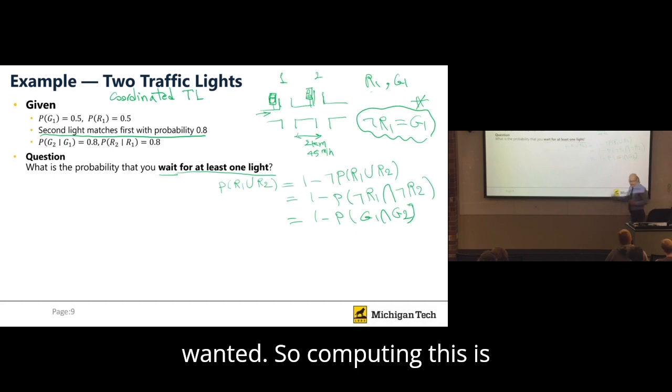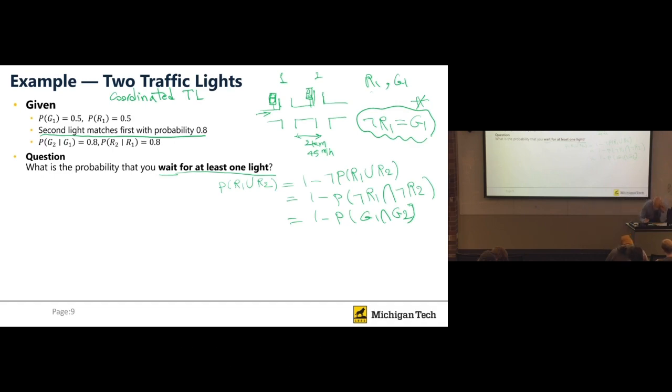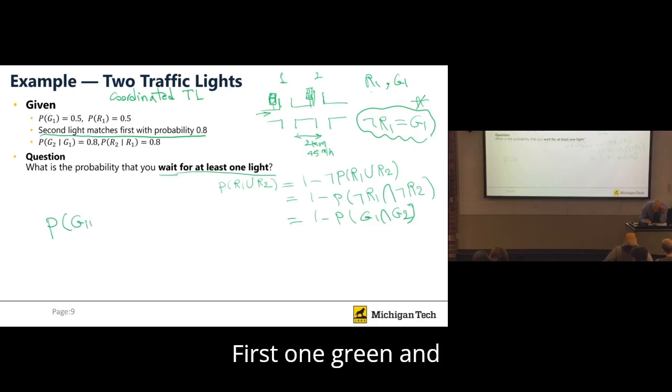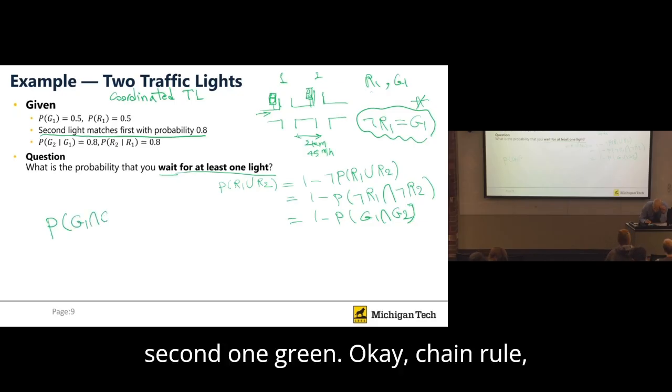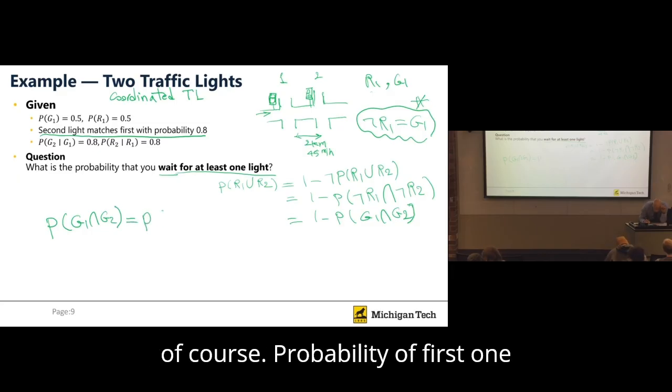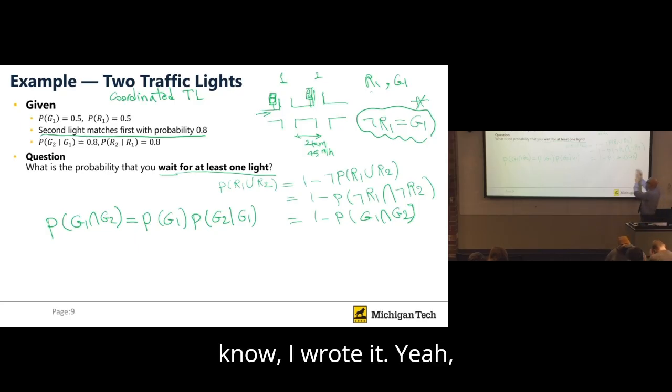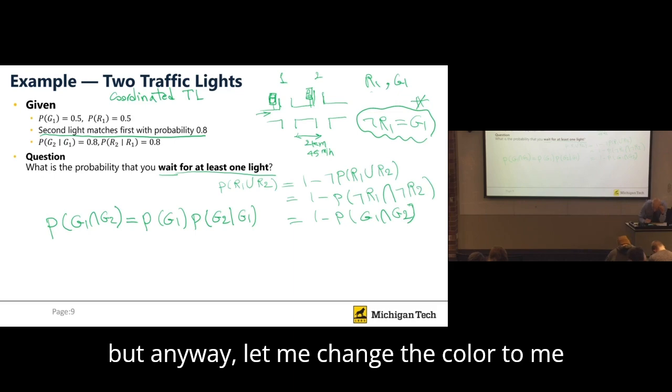So computing this is easy. What is the probability of first one green and second one green? Okay, chain rule, of course. Probability of first one green, probability of second one green. Let us change the color to not mix with this.